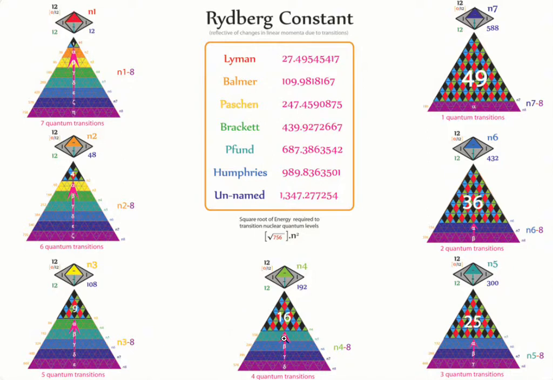Rydberg's constant will give us the physical changes of linear momentum, and obviously this is related to the wavelengths of bosons and energy quanta photons, and these can be measured either as wavelengths or alternatively as the quanta per unit of length, which is wave numbers. And you can see here Tetryonics reveals the Rydberg's formula, or Rydberg's constant, for each of the spectral lines within the atomic nuclei that's possible.